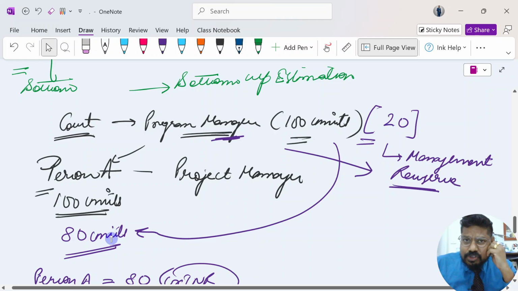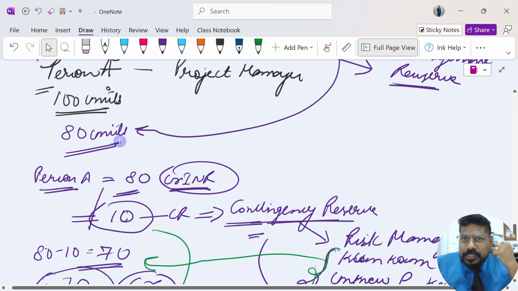This 80 needs to be utilized by the project manager to complete the work. The 20 kept by the program manager is known as management reserve, because he is part of top management and what he has saved with himself is 20.